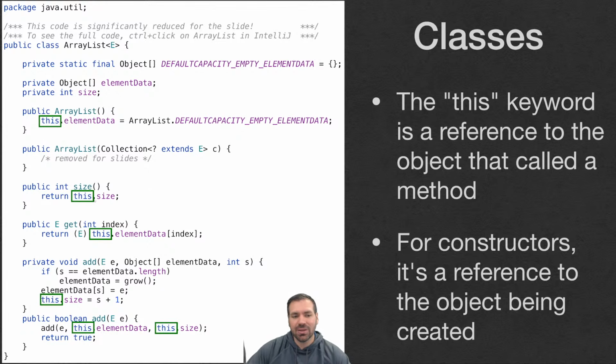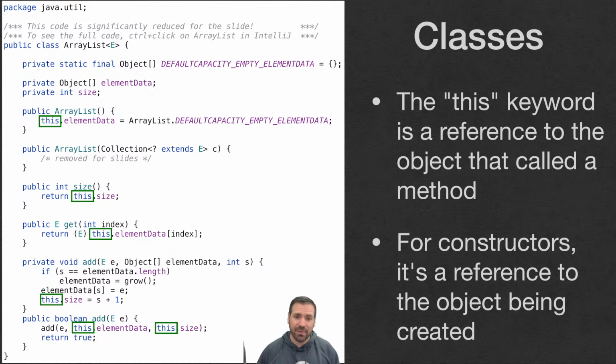I did mention earlier, sometimes it's optional. You don't have to have this dot in this instance. You can just say return size. You might have seen code like that before. You might have written code like that before if you coded in Java before. Sometimes it's kind of optional, but when it is optional, what Java is doing is pretending that you did type this dot. It's saying, you know what, I know what you meant.